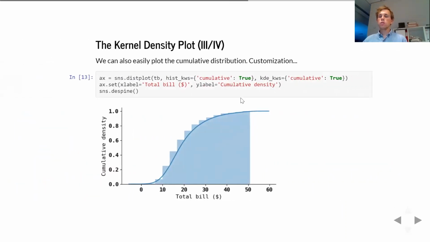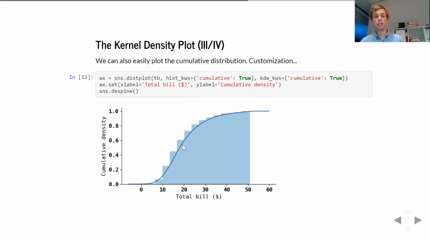Okay, we can also use a very similar approach for plotting a cumulative distribution with this displot approach. So again, we are creating this object X from the displot function. I'm specifying that we want to plot the total bill variable. But now, in order to plot a cumulative distribution, I'm specifying that this cumulative keyword should be true.